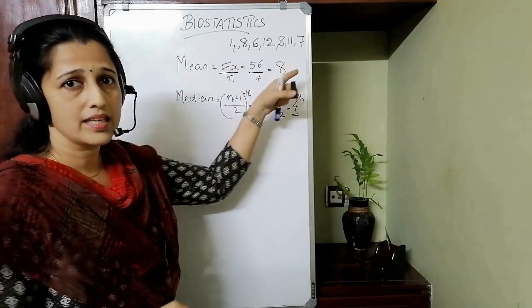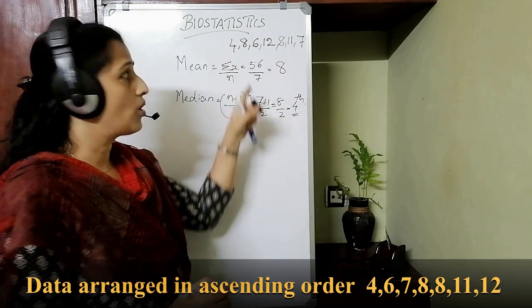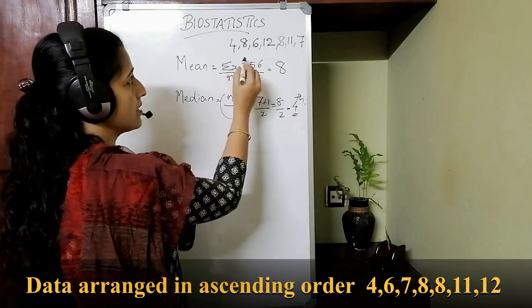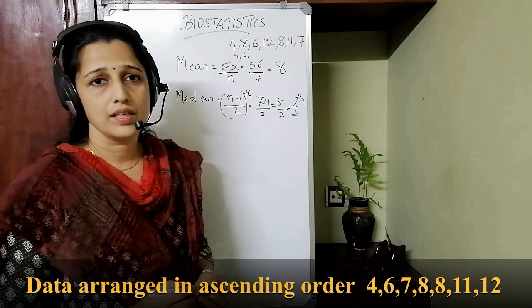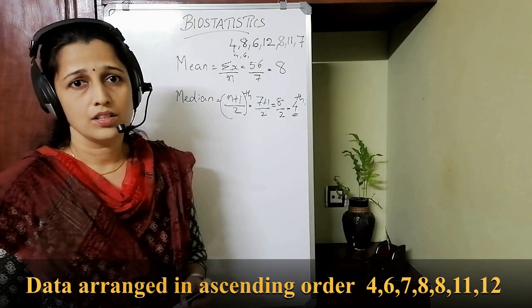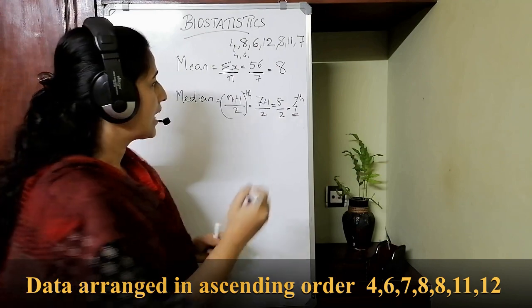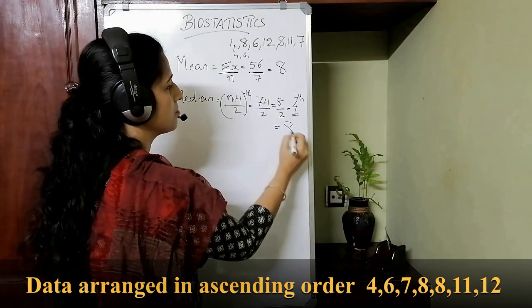You have to arrange the data first in ascending order, and the fourth item will be the median. Here the fourth item is again 8.